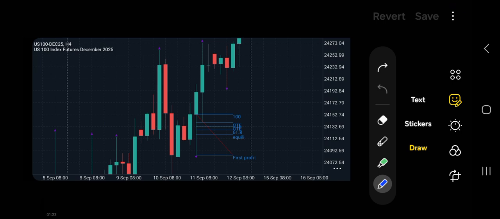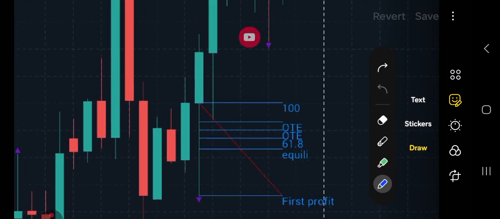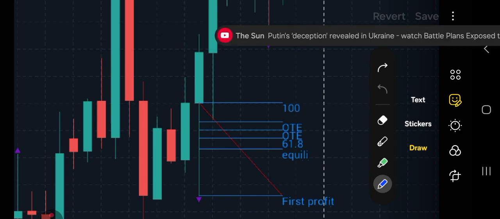So welcome back, guys. Looking at the chart, this is a 4-hour time frame Nasdaq December contract 2025, and we are going to look at this high time frame candlestick right here.